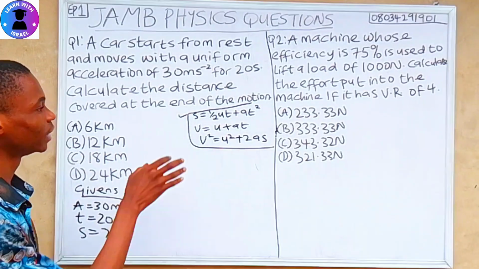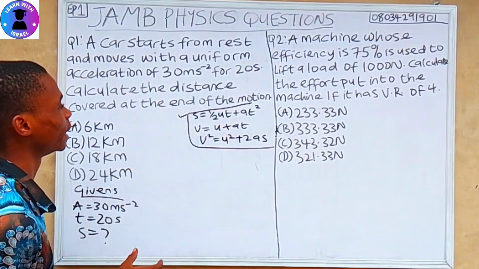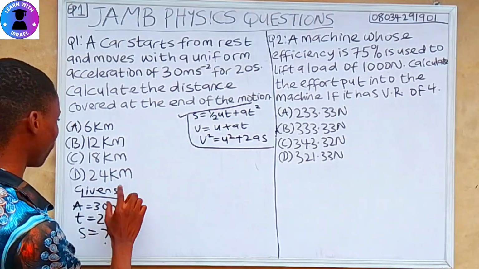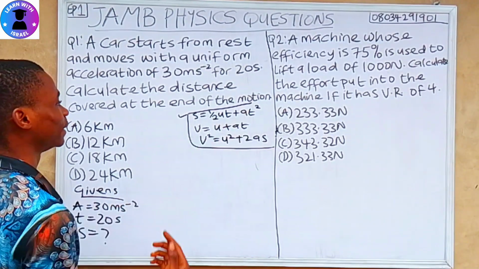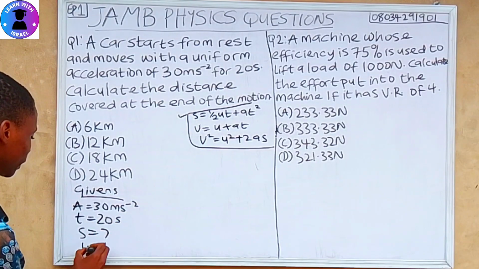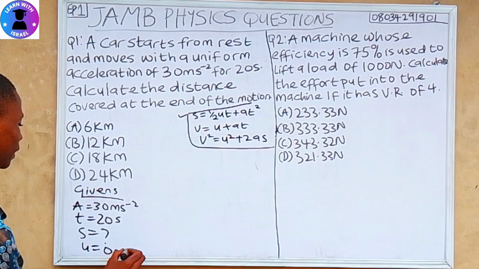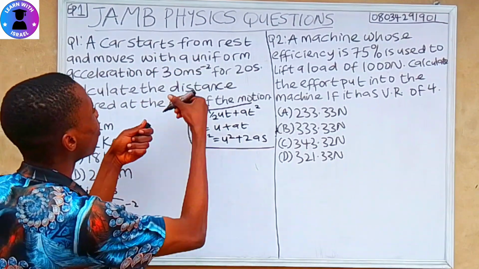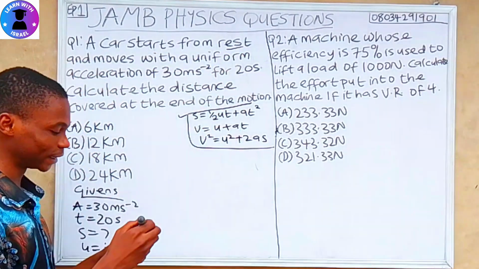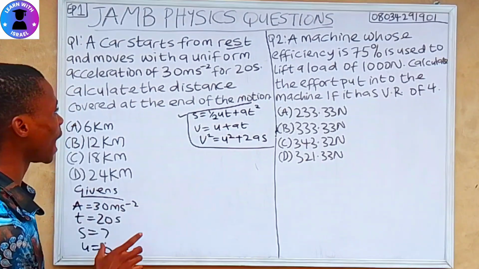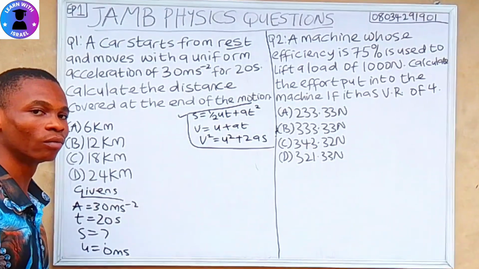The reason is that S is the subject of the formula, and we are looking for S. We also have our a and our t. And our u is 0 meters per second. The reason why our u is 0 is that the car is starting from rest, so our initial velocity is 0.